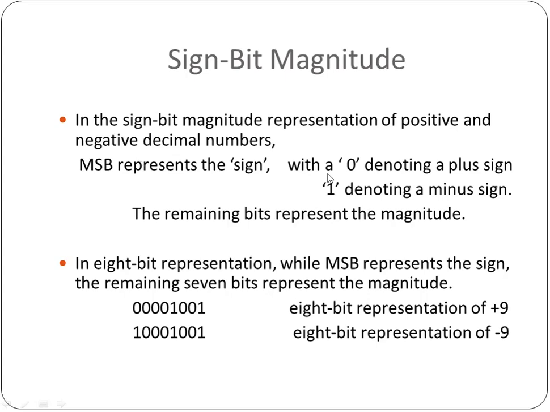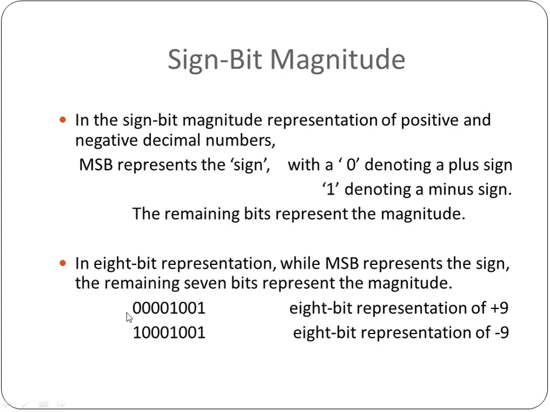If MSB is 0, then it denotes a plus sign. If MSB is 1, it denotes a minus sign. And the remaining bits represent magnitude. So, in sign bit magnitude, MSB represents the sign of that number.